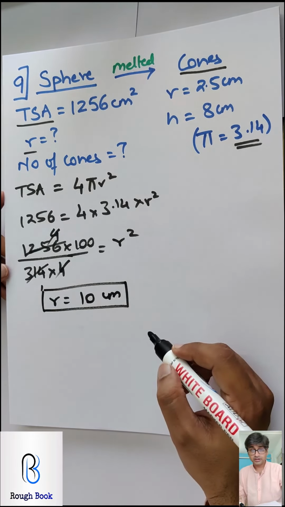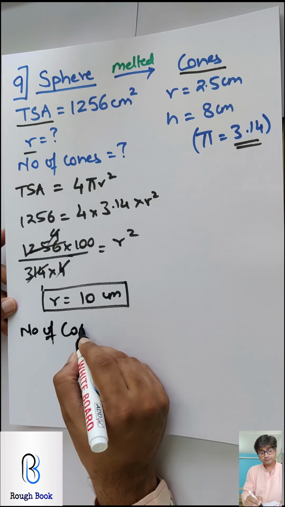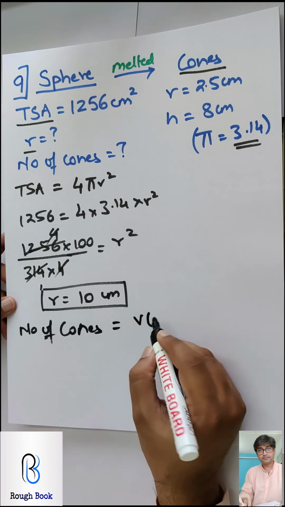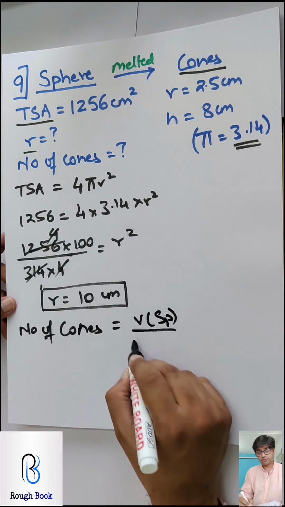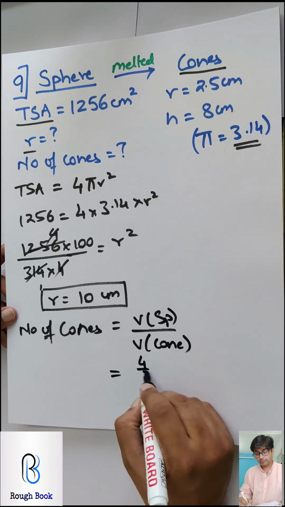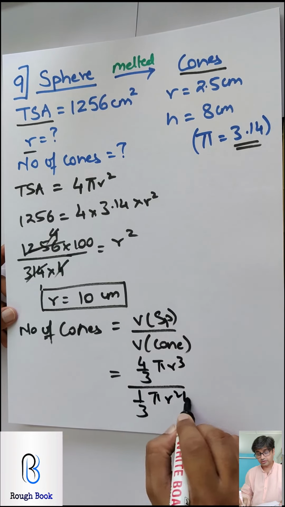Was this simple? Did you reach till here? Brilliant. Now the number of cones. To get your number of cones, you're going to say volume of sphere upon volume of cone. So sphere volume 4 upon 3 pi r cube, over 1/3 pi r square h.